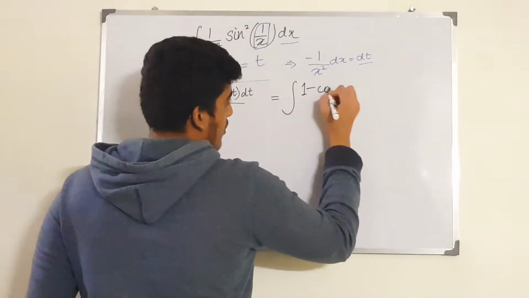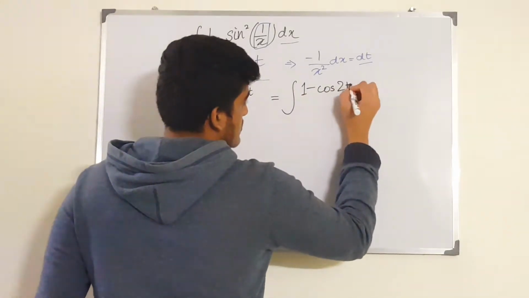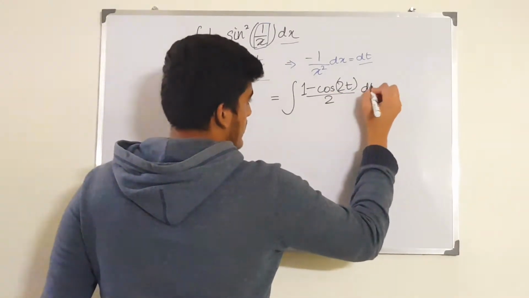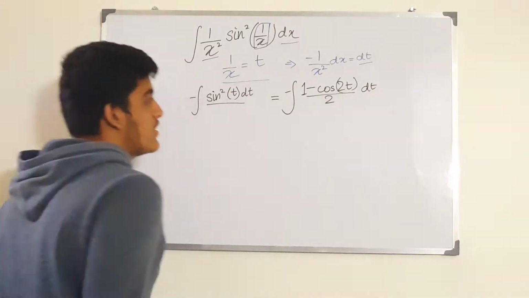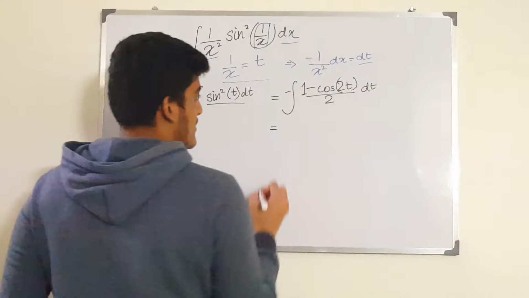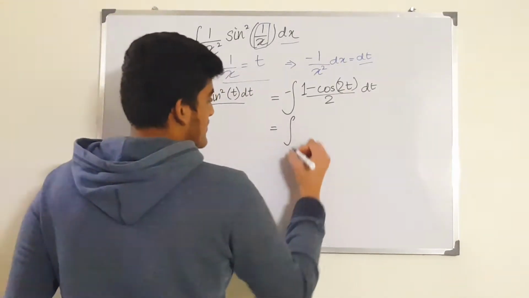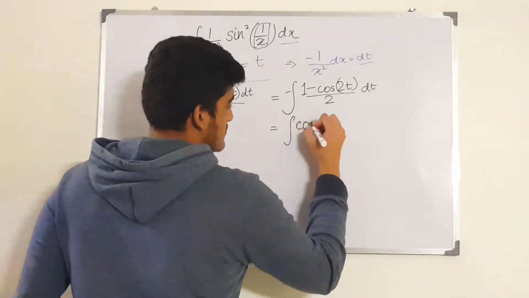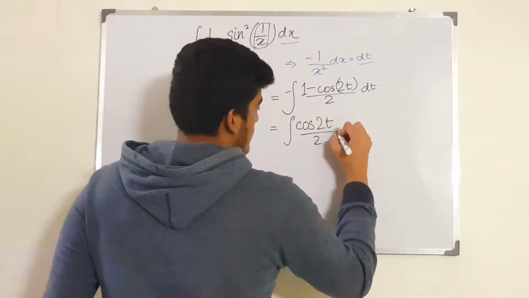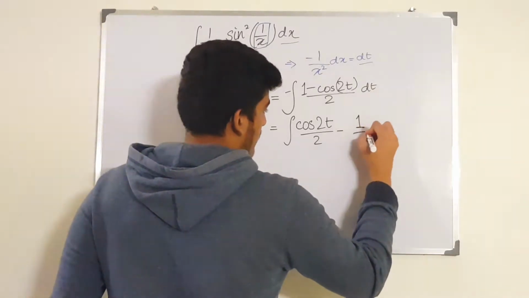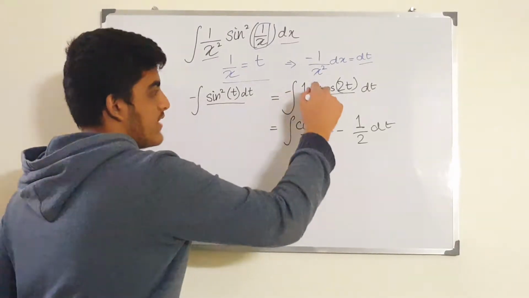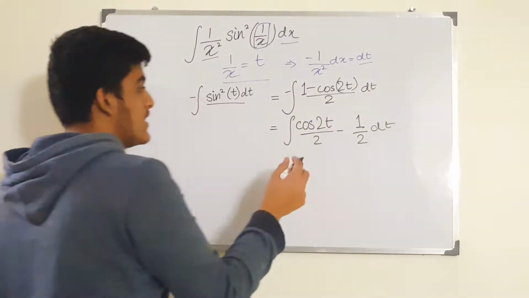So we have the integral of 1 minus cos 2t divided by 2 dt, and there's a negative sign. So this becomes cos 2t divided by 2 minus half dt. You see, because if I bring this negative sign inside the integration sign, it becomes this.